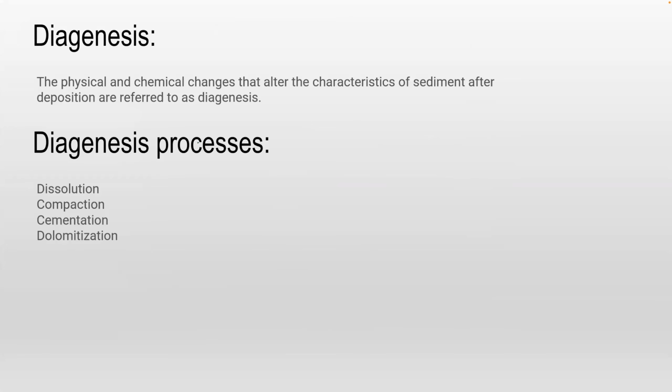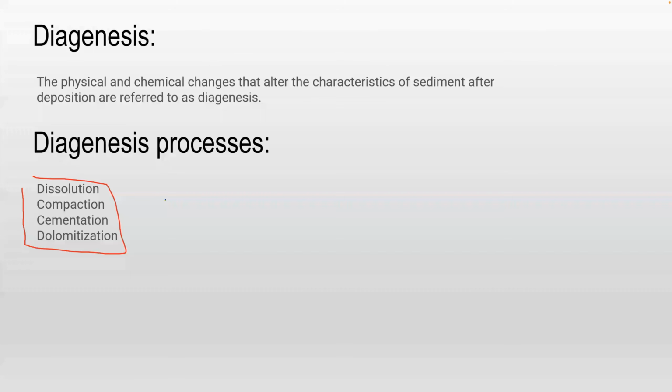Also, as a reservoir geomodeler, you should know about the types of diagenesis. What is diagenesis? Diagenesis is the physical and chemical changes after deposition of sediments. So these diagenesis processes are important.